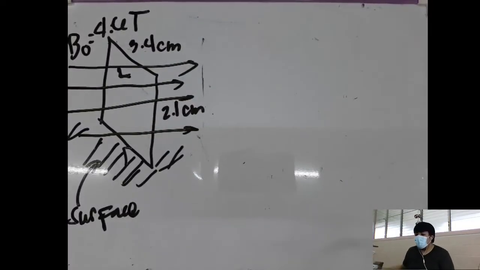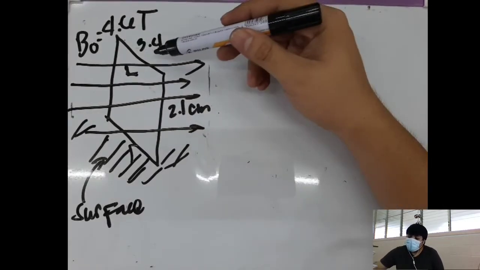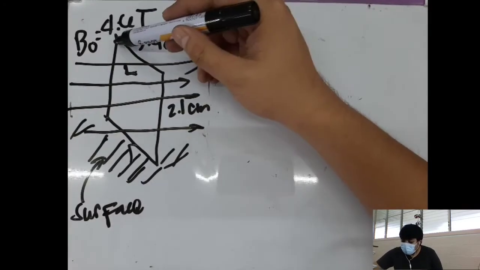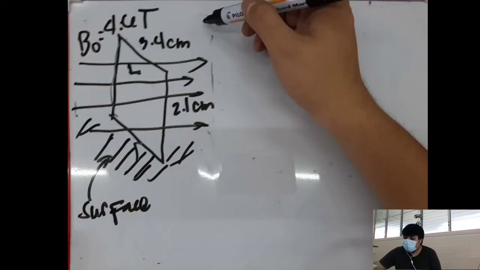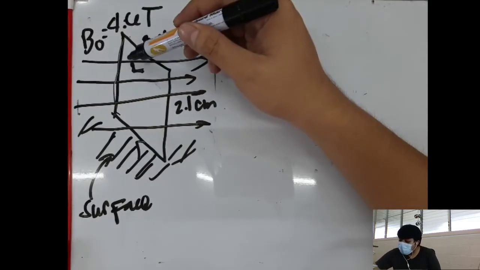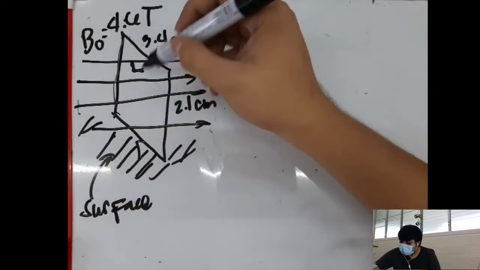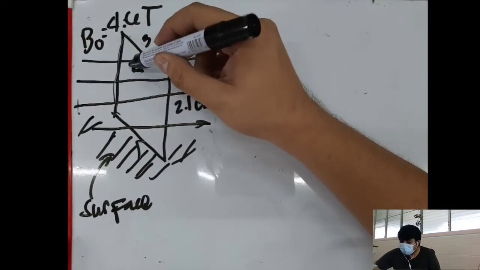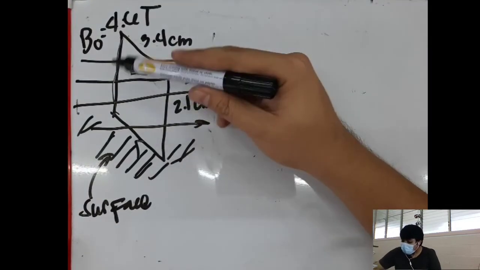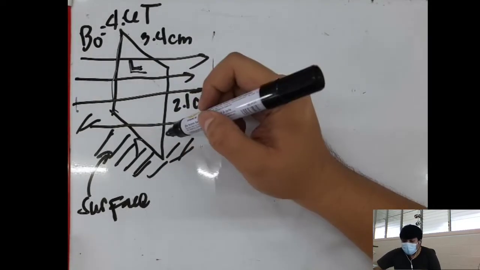So let's have another example here, wherein we have a square or a rectangle made of wire, which has the dimensions of 3.4 cm by 2.1 centimeters, and a uniform magnetic field of 4.6 Tesla passes through it. It was shown that the magnetic field is perpendicular to it, and the rectangular wire is placed on a surface that is also perpendicular to it.